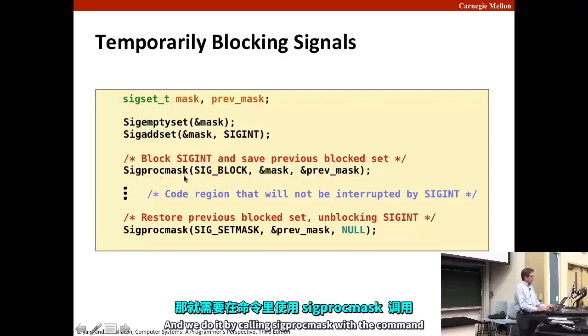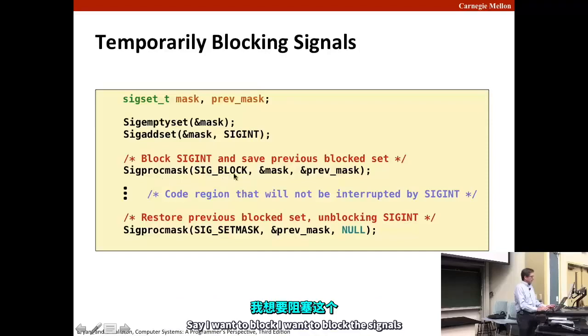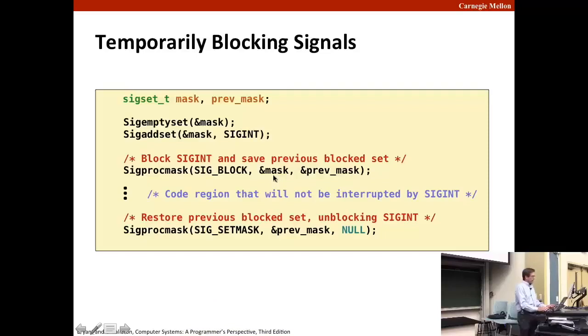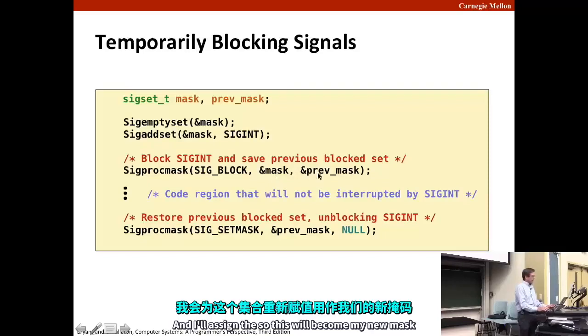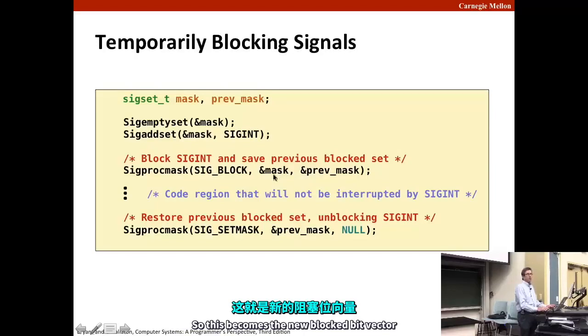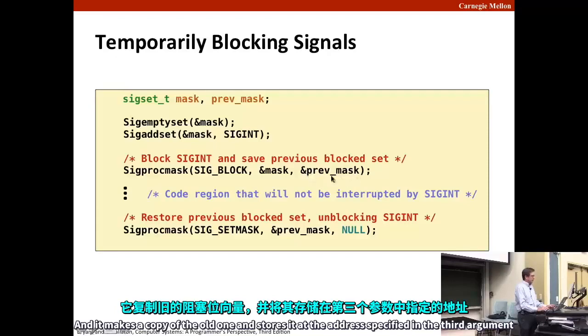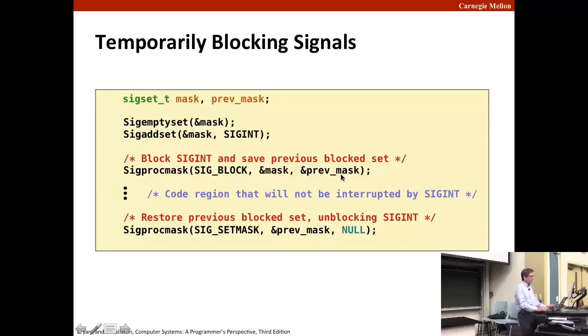And we do it by calling sigprocmask with the command saying I want to block the signals that are in the set specified by mask. This becomes the new blocked bit vector, or the new signal mask, and it makes a copy of the old one and stores it at the address specified in the third argument.